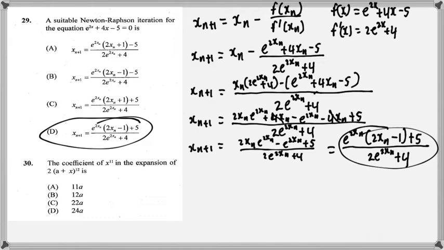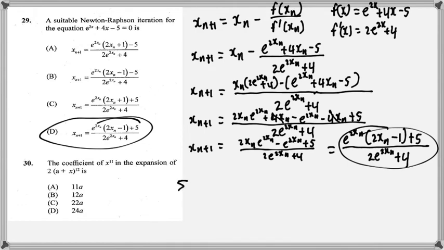So now let's look at question 30. Question 30 says the coefficient of x to the power of 11 in the expansion of this is what? That's what they're asking. Let's just focus on this first. We could use the condensed formula for this because n is a positive integer, the power.